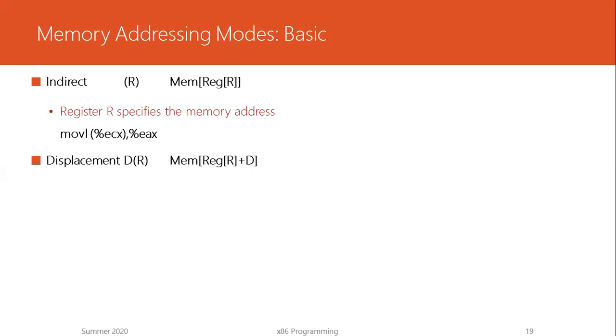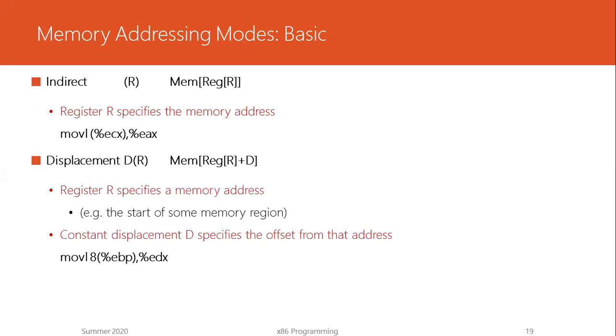For example, we use the instruction MOVL 8 with EBP in parentheses, comma, EDX, which means add 8, that is an offset to the contents specified by the base pointer, and load the results in register EDX.